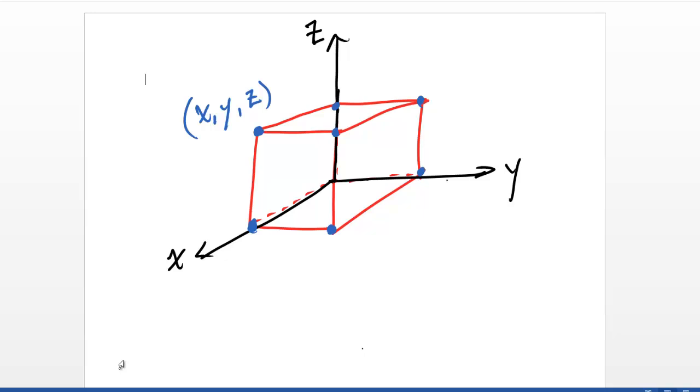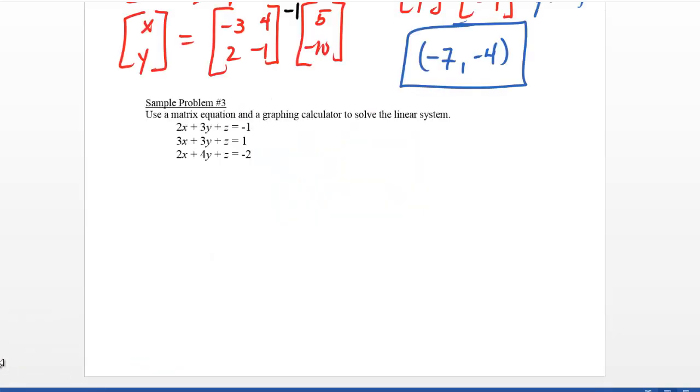So you can see the blue points here represent a point in 3-dimensional space, as opposed to a 2-dimensional plane that we normally have with the xy coordinates. So this is where the x, y, and z are going to come into play. You may use these a little bit more in physics later on, whenever you get into vectors and things of that nature. But this gives you a visual of how this particular problem is going to work.